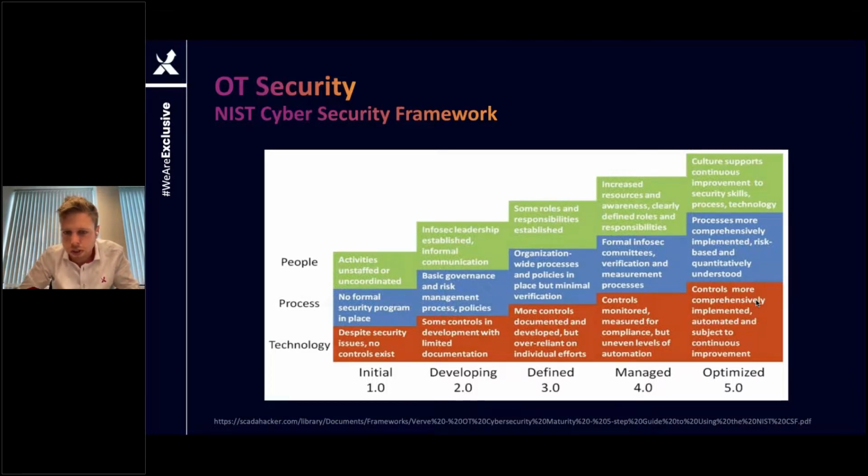I will not go over them one by one, but it shows that, for example, here at developing, it's very important that you focus on risk management, create policies, processes, have documentation available. At stage 3, you really need to be confident about your documentation. You need to have policies in place, responsibilities. Then you have an InfoSec committee.